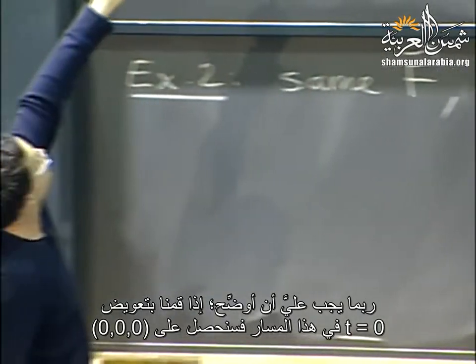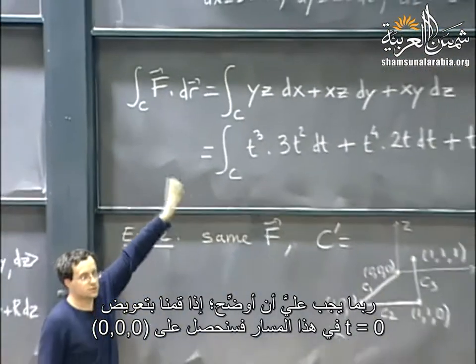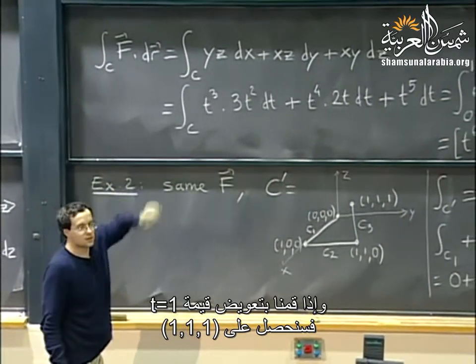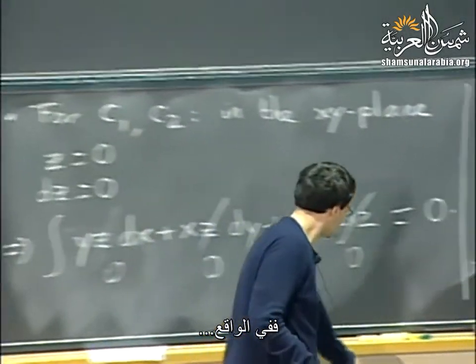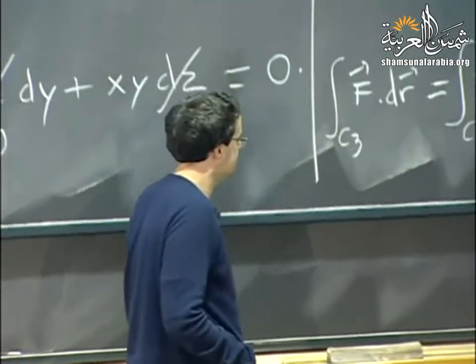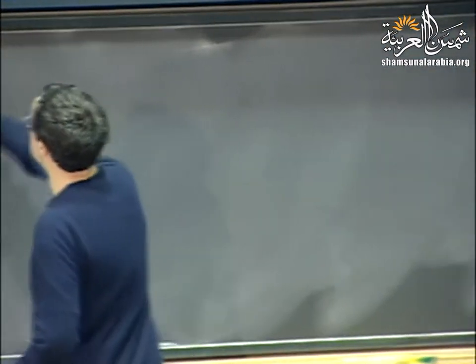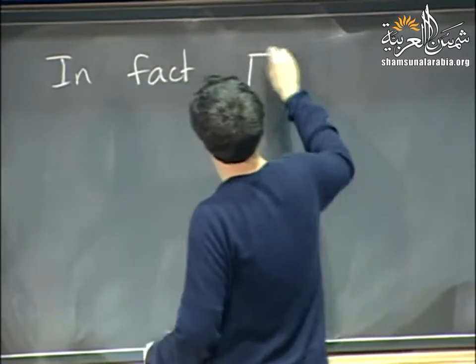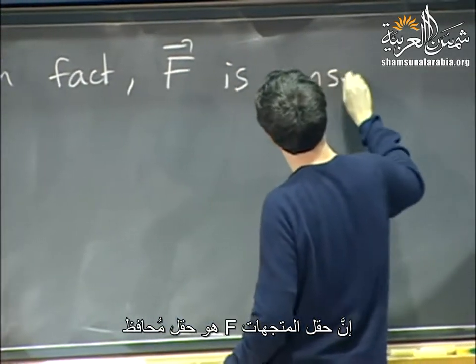I mean, maybe I should point out, to make it clearer, if you plug t equals 0 in the path up there, you'll get 0, 0, 0. If you plug t equals 1, you'll get 1, 1, 1. So in fact, this vector field F that we have here happens to be conservative.